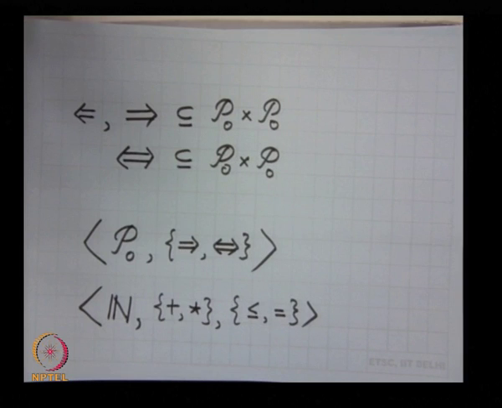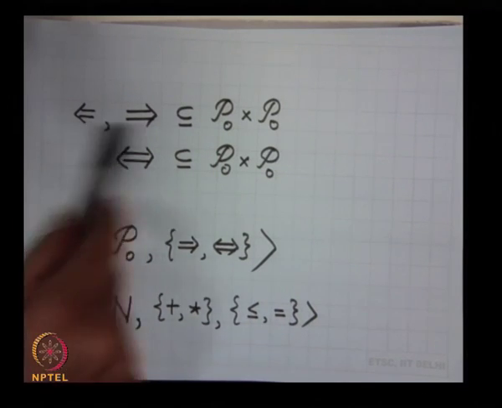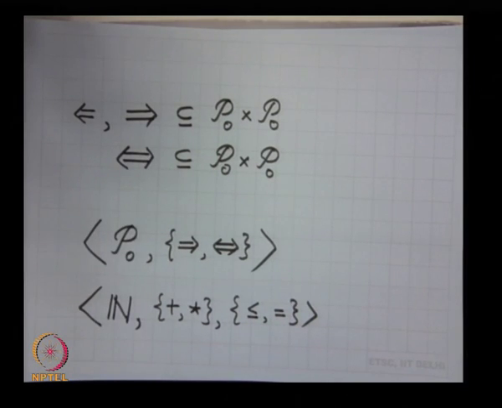So one of the things we say is when phi is equivalent to psi, we say that phi implies psi and is implied by psi, right? So this of course is the inverse of this relation. Okay, so you take the kernel of this relation. So this is a pre-ordering relation on this set P naught.